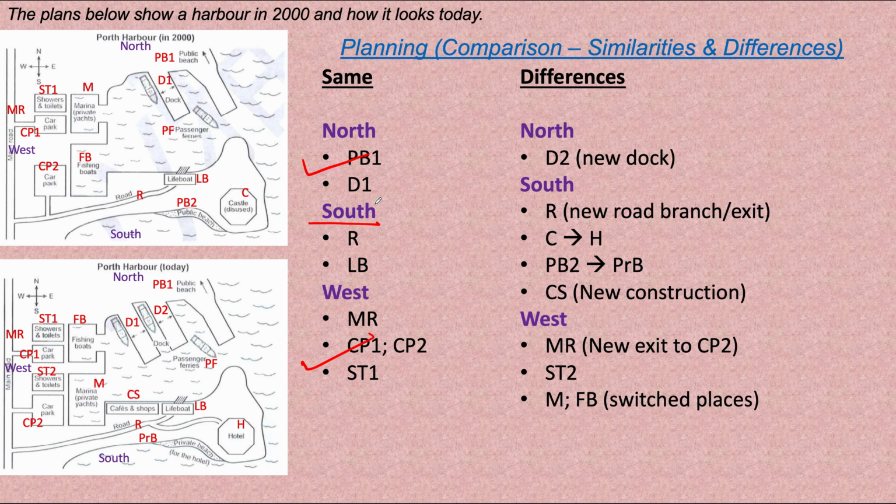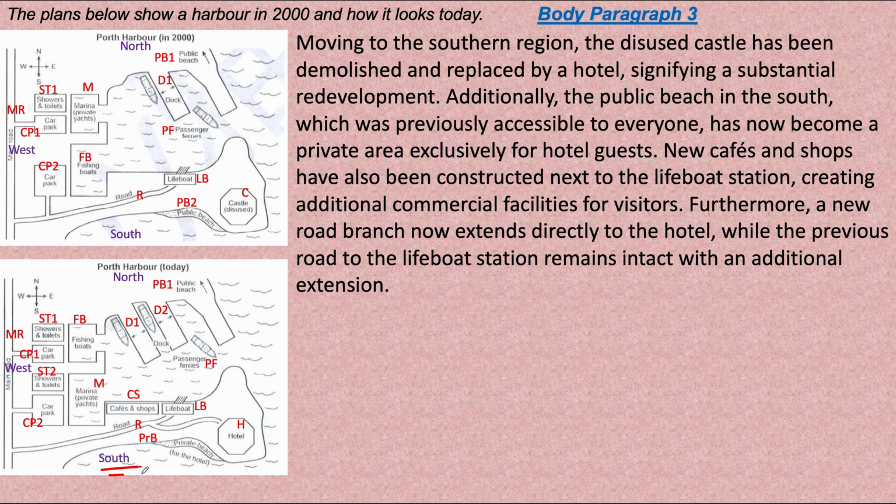Let's write about it. Moving to the southern region, the disused castle has been demolished and replaced by a hotel, signifying a substantial redevelopment. Additionally, the public beach in the south, which was previously accessible to everyone, has now become a private area exclusively for hotel guests.